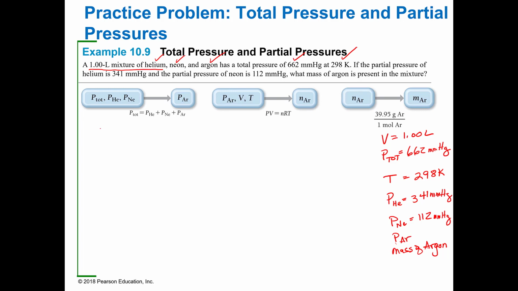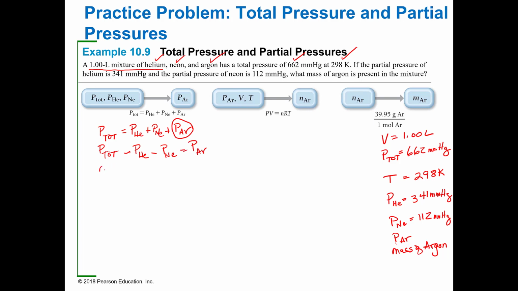So P total, because this is Dalton's law, right, equals P He plus P Ne plus P Ar. So I'm solving for that. P total minus the helium minus the neon is going to give me the partial pressure of the argon.